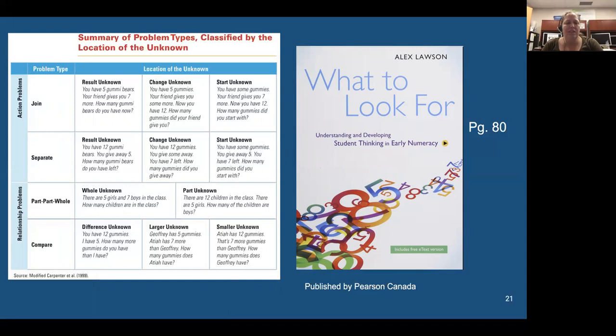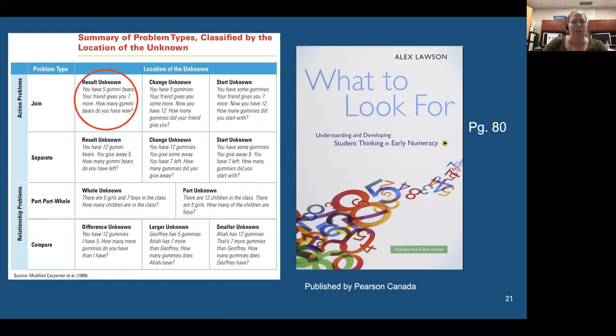This picture is also from What to Look For, the 11 different problems you could pose. We're just going to focus in on 3 tonight, the 2 most common, and then one new one perhaps that I'm going to suggest you include in your repertoire to help students construct the part-whole relationship and think about subtraction in slightly different ways.